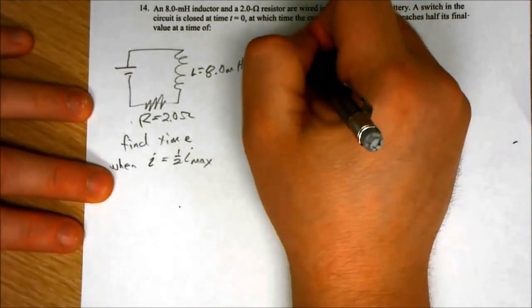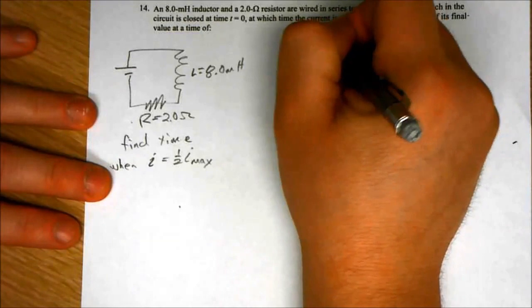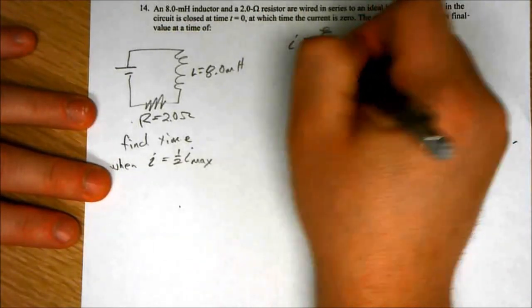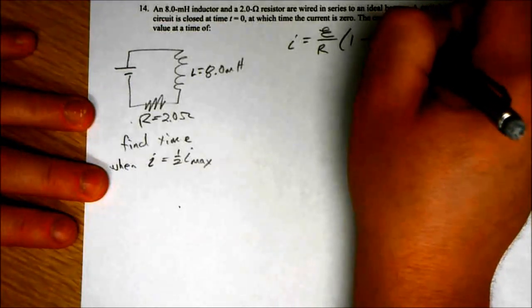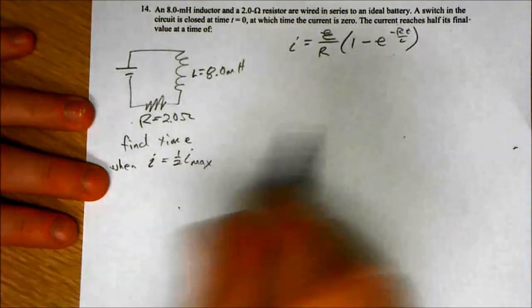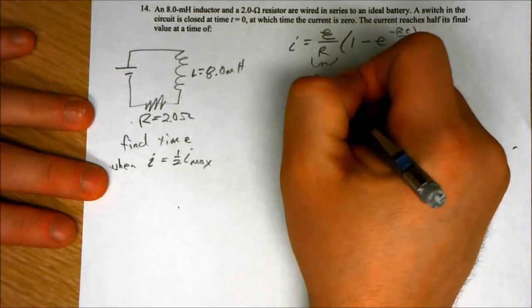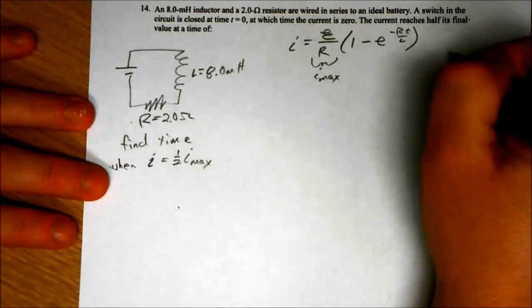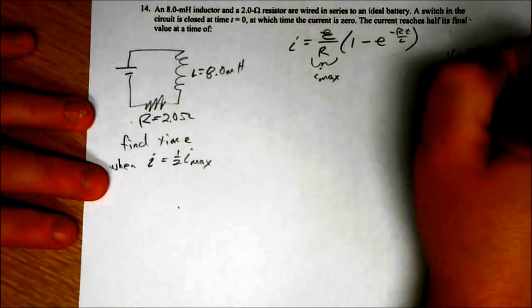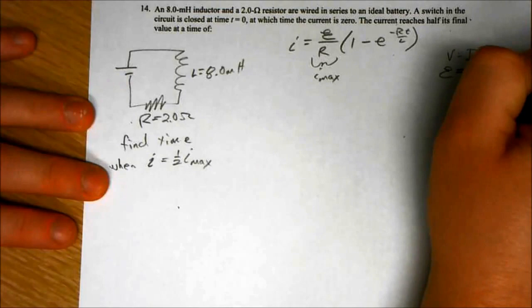So we go to our equation for the current passing through an inductor in an RL circuit. We also note that this is the maximum current that will flow through. From Ohm's law, V equals IR, or epsilon equals IR, however you want to write it.